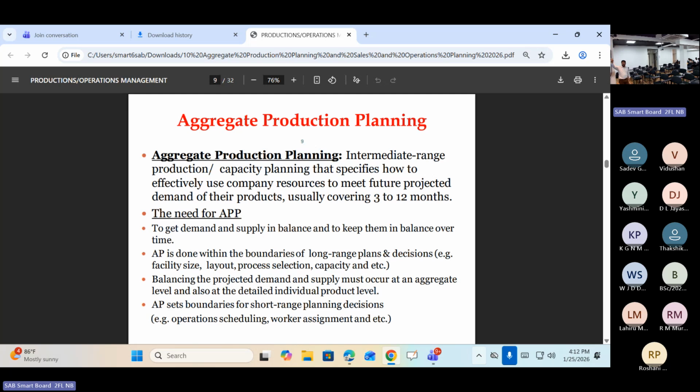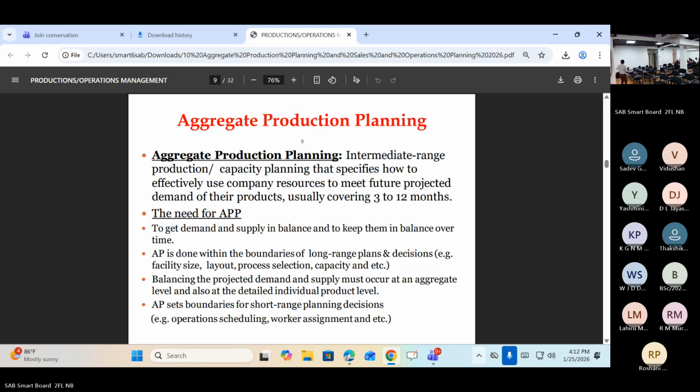Coming to aggregate production planning, APP, based on the finalized production volumes, the sales and operations team may come up with figures that could be one input, right? And based on such inputs, factories will finalize the production quantities, considering market demand and other factors. So that step is known as aggregate production planning. This is the simplest way we can describe it.